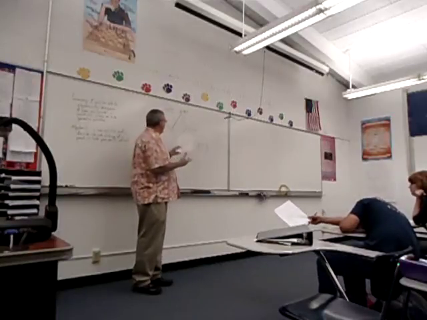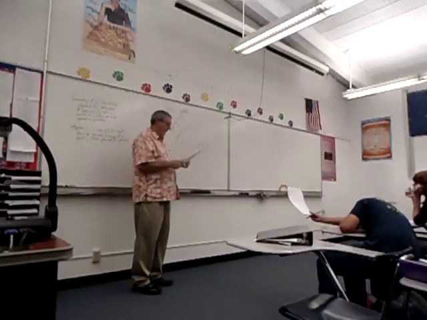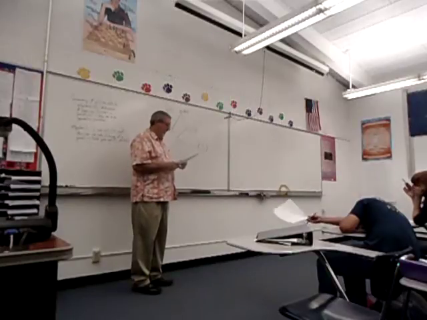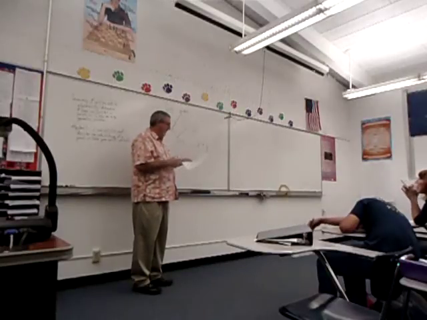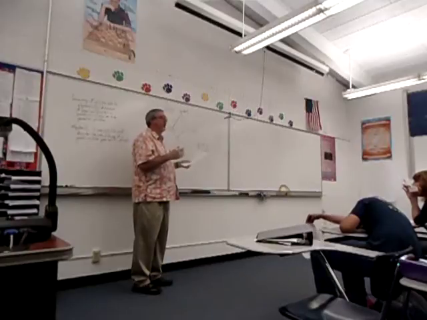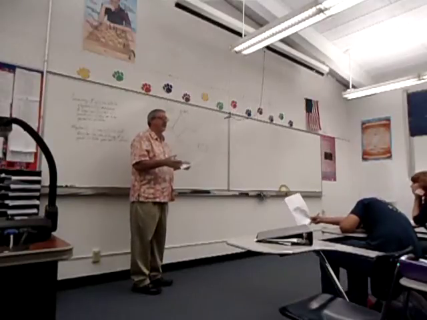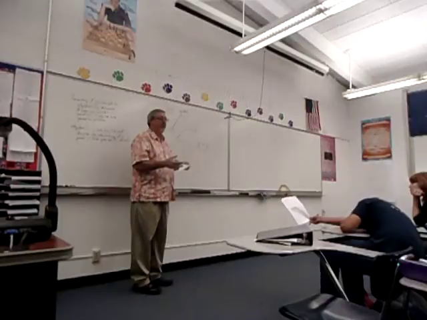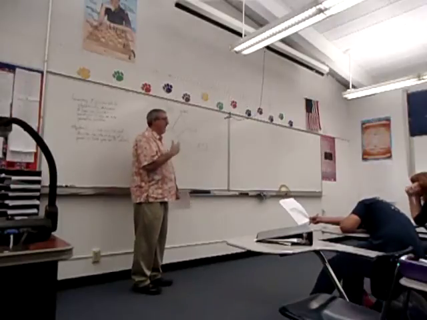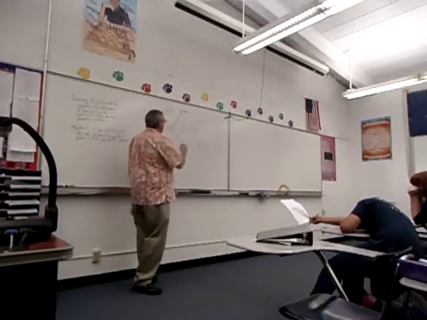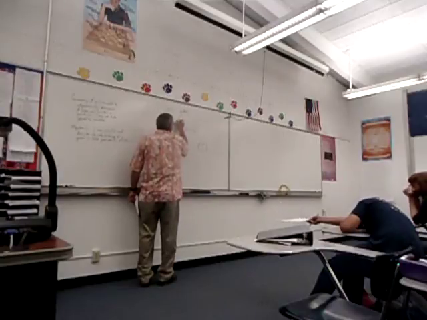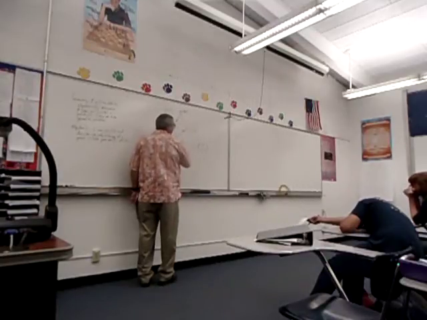So here we have the 4 sides. We're trying to prove that AB is perpendicular to BC, but I'm going to go further than that. Okay? So what I want to know is, is this side parallel to this side?